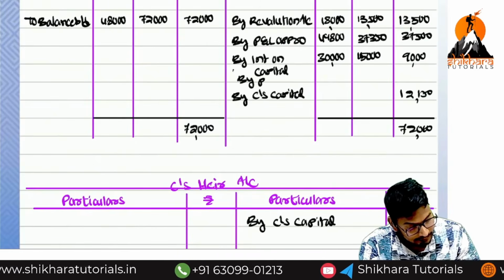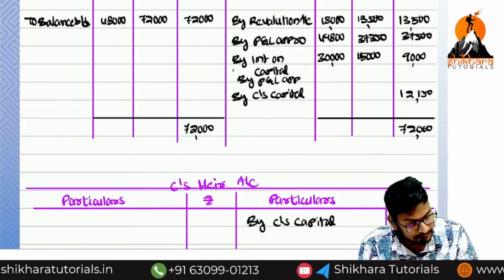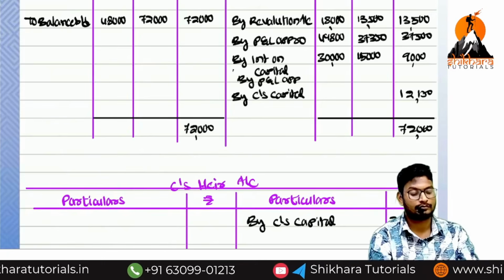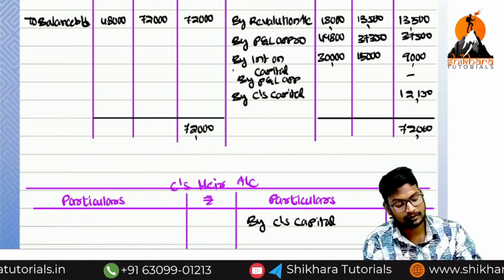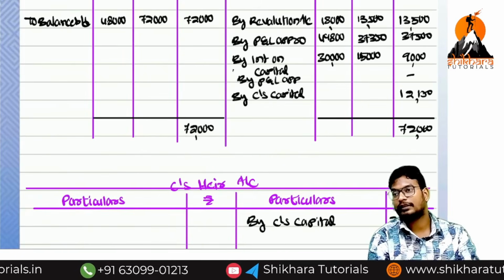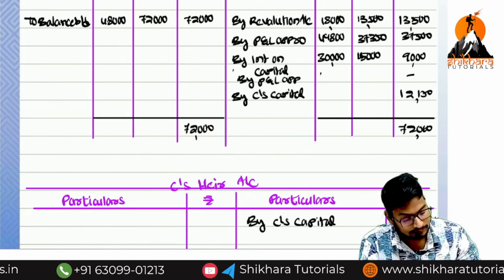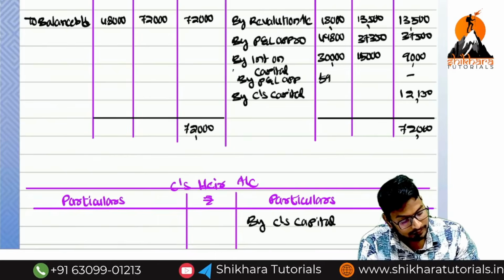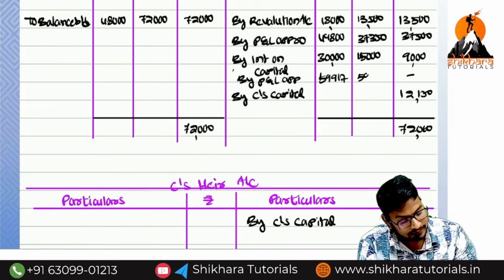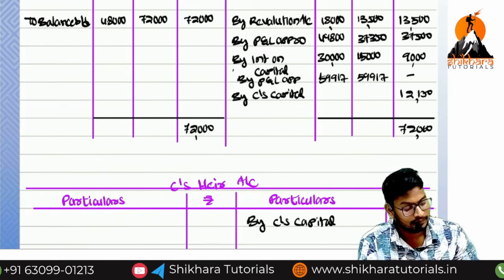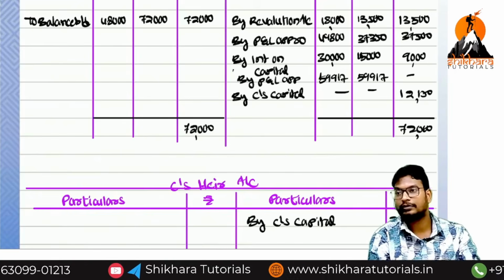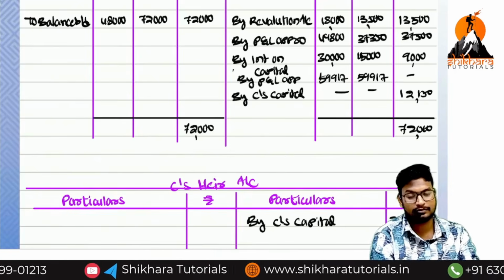By P&L appropriation. How much, ma? 51,917. 59,917. Okay, guys? So now we can close these accounts. Please close the accounts.